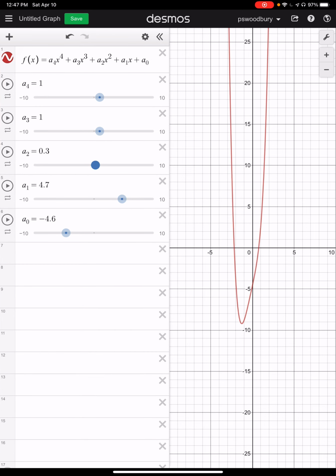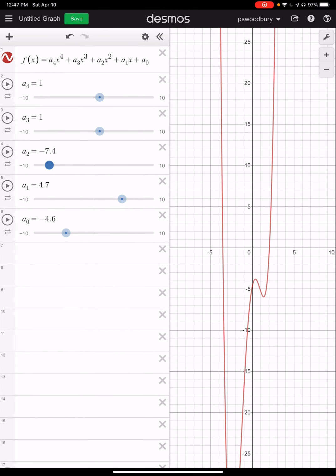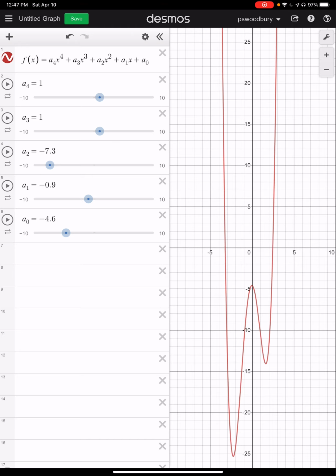And we can look and see what's happening. Now I'm getting some other curves popping up here, some different concavities, some different relative maximums and relative minimums.